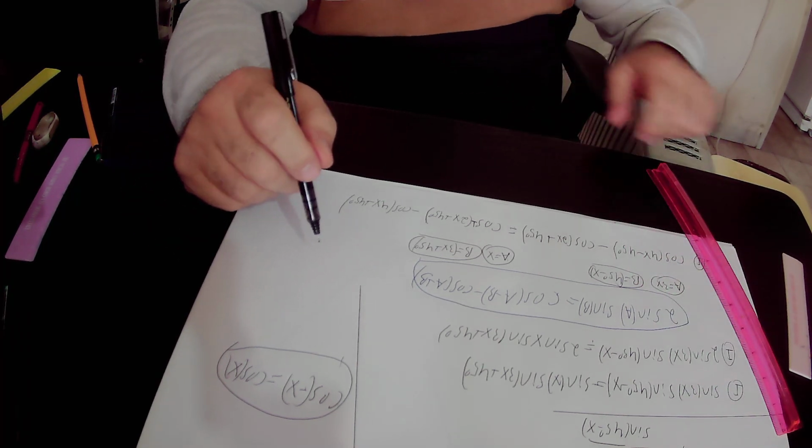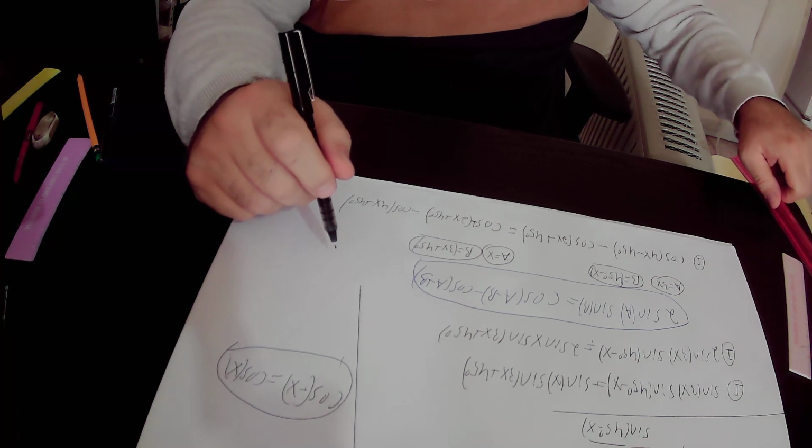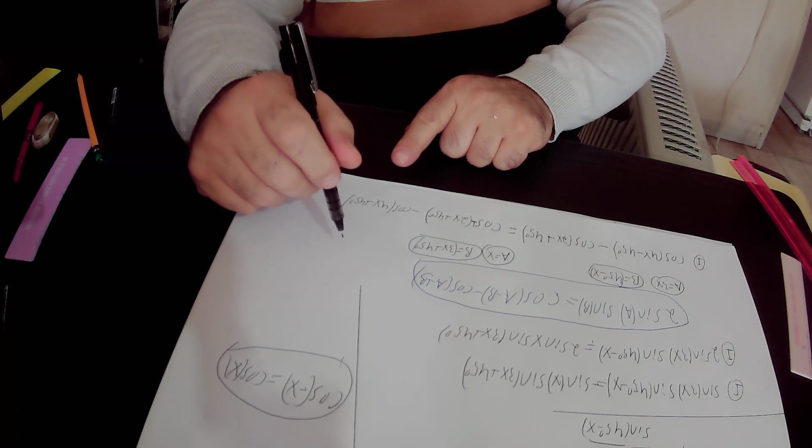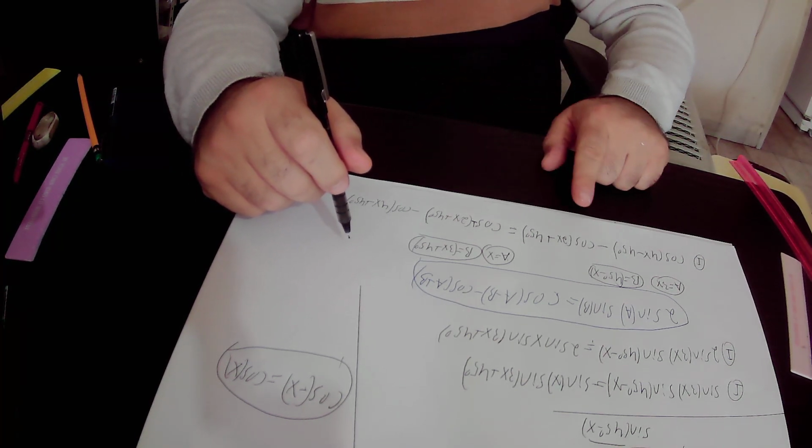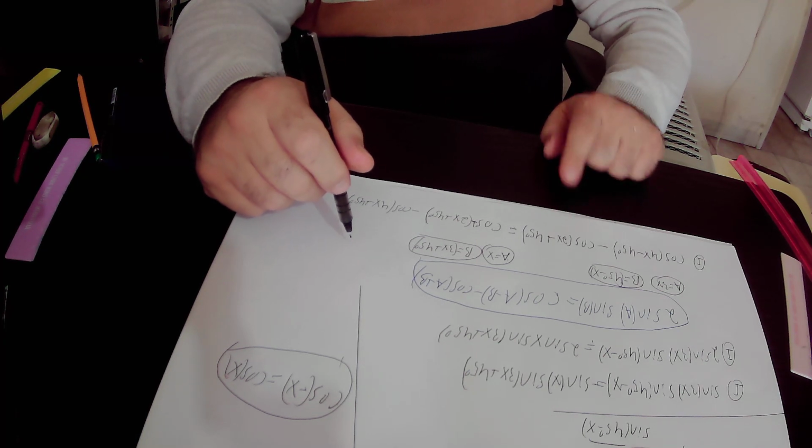Okay, so we will add to this equation number 1, cosine 4x plus 45 degrees, and also cosine 2x plus 45 degrees.